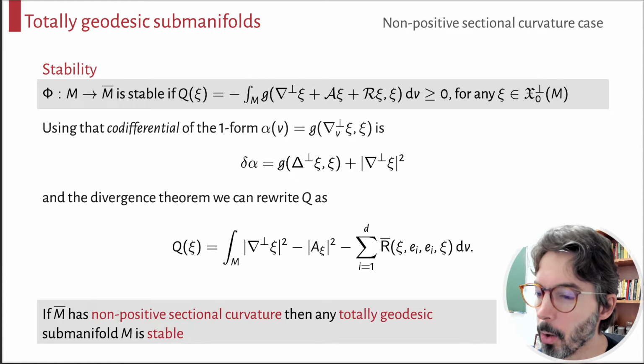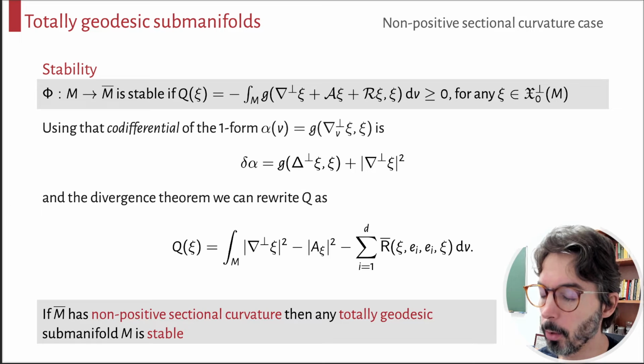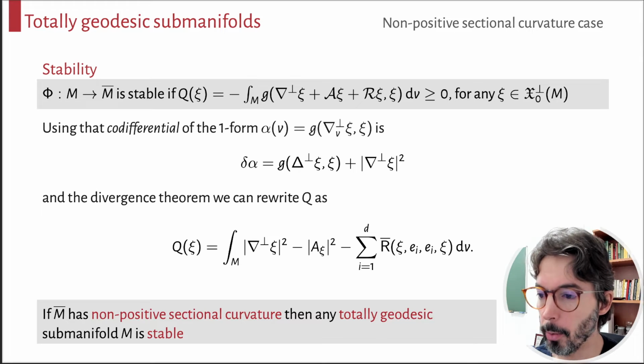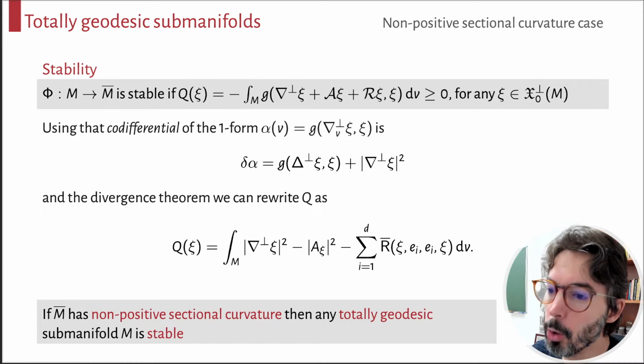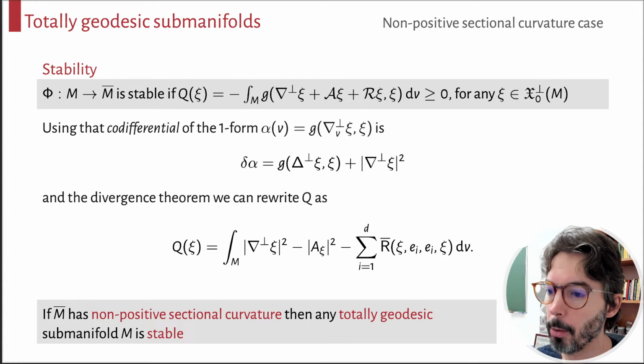Now if our submanifold is totally geodesic, the second term of the integrand, the length of the shape operator in the direction of the section, is 0. And the third one is non-negative if we assume that our ambient manifold has non-positive sectional curvature.